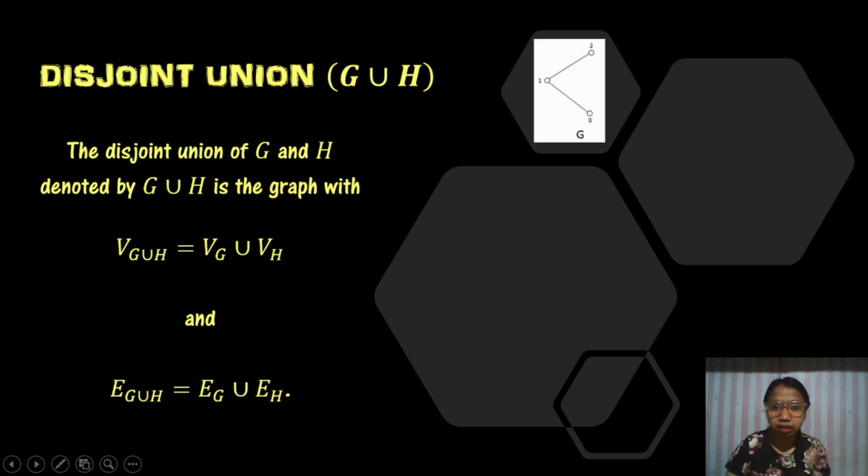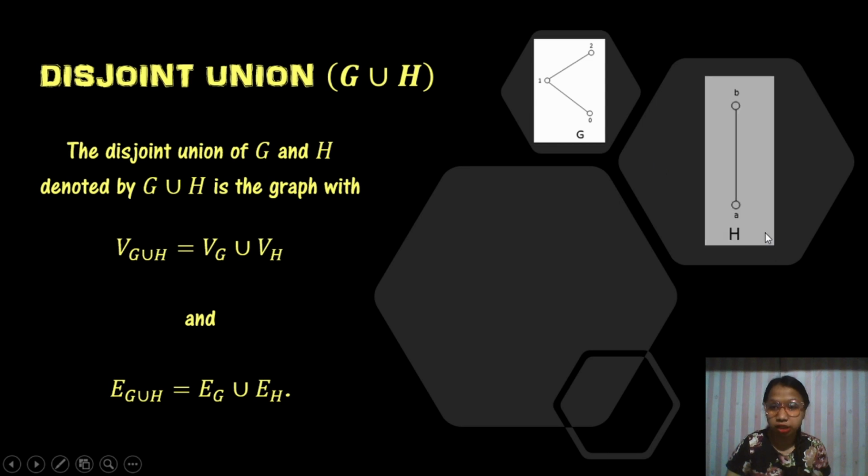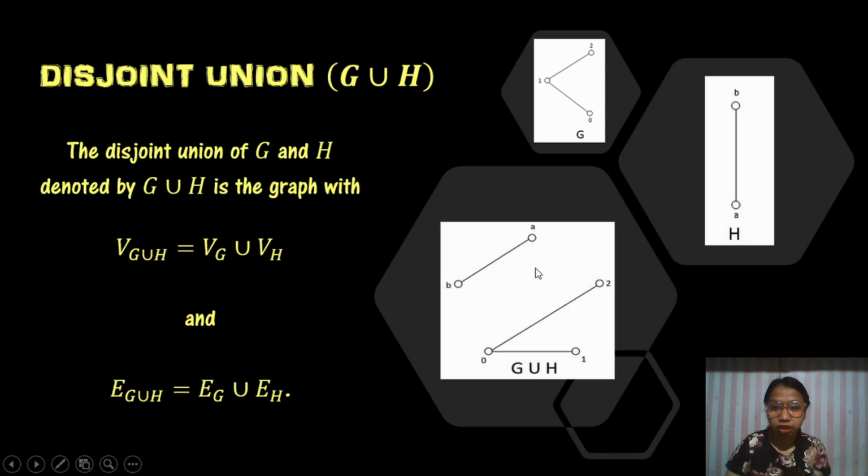So basically, if you have this graph G and this graph H, you are just combining them. No additional edges nor additional vertices, you just combine the two. So that is a disjoint union.